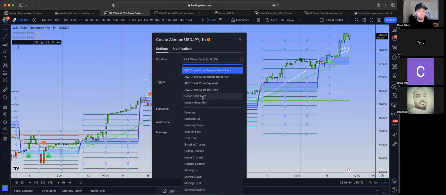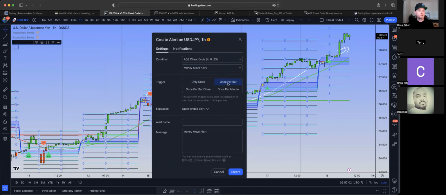$dash is about an 80% win rate. Money move is about a 70% win rate. Okay, between the two, you can set money move once per bar, open-ended. And again, you can customize this message. You can set an alert name if you want. But when the alert comes through, you'll see the pair, the time frame, and this message here.